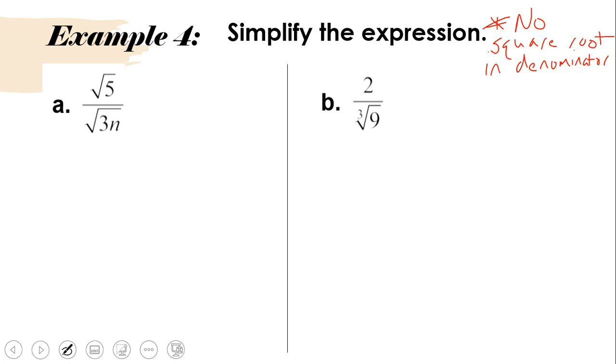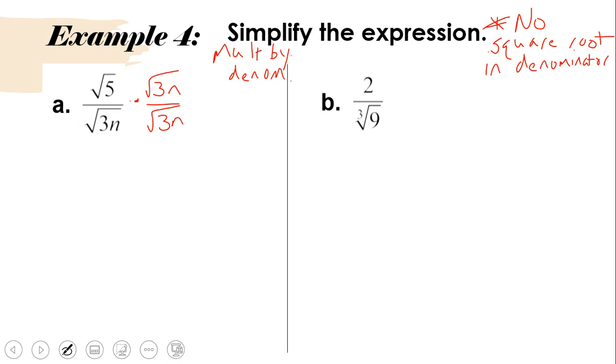So in order to get rid of that square root, we have to multiply both the numerator and the denominator by the root. So I have to multiply top and bottom by the denominator to get rid of that square root.